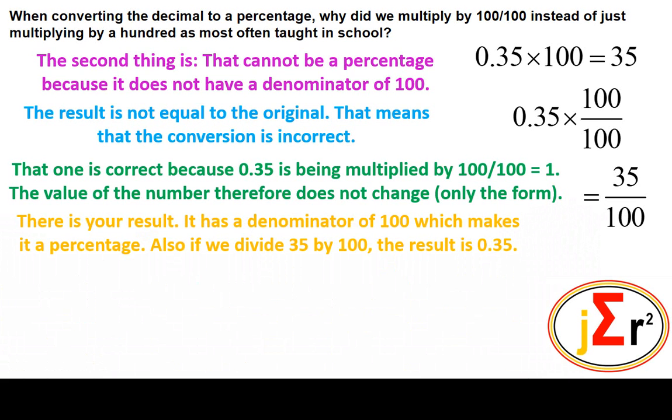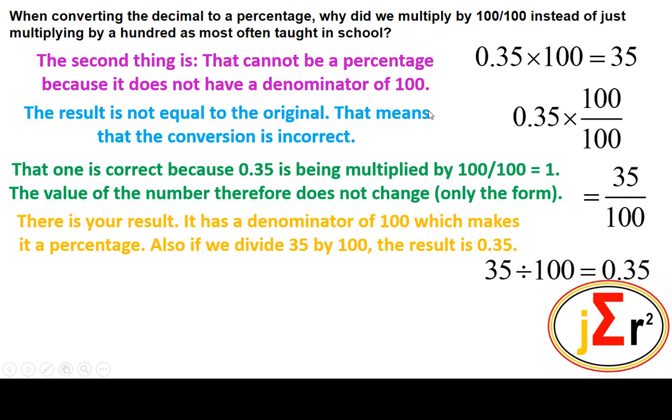Also, if we divide 35 by 100, the result is 0.35, which is the original number. If we divide 35 by 100, we will get 0.35. And 0.35 is what we were converting to a percentage. That means the value did not change.